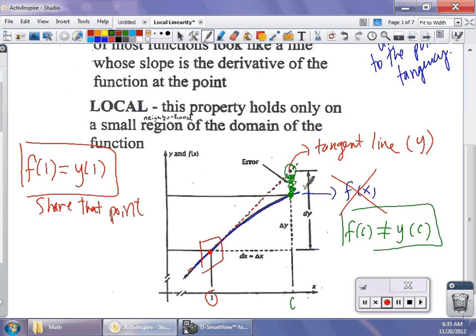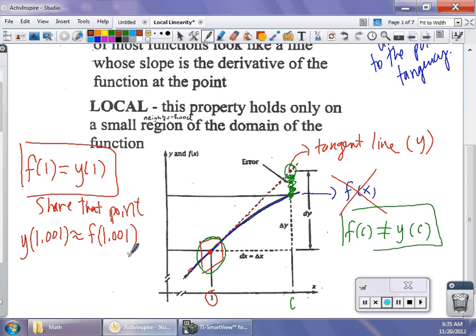However, if you move into this little neighborhood that we were just talking about, so for example, if I didn't know the equation of the function, could I use the tangent line, y, at 1.001, as a good approximation of f, the actual function value, at 1.001?